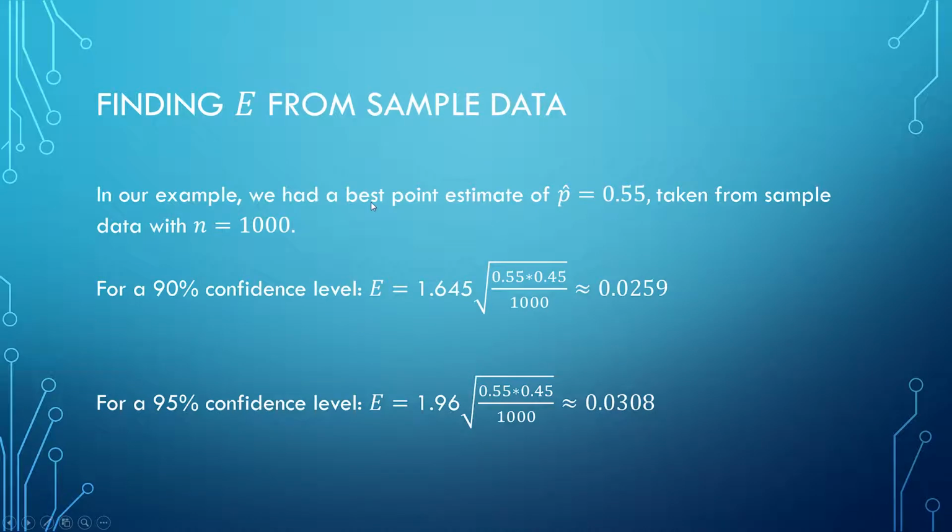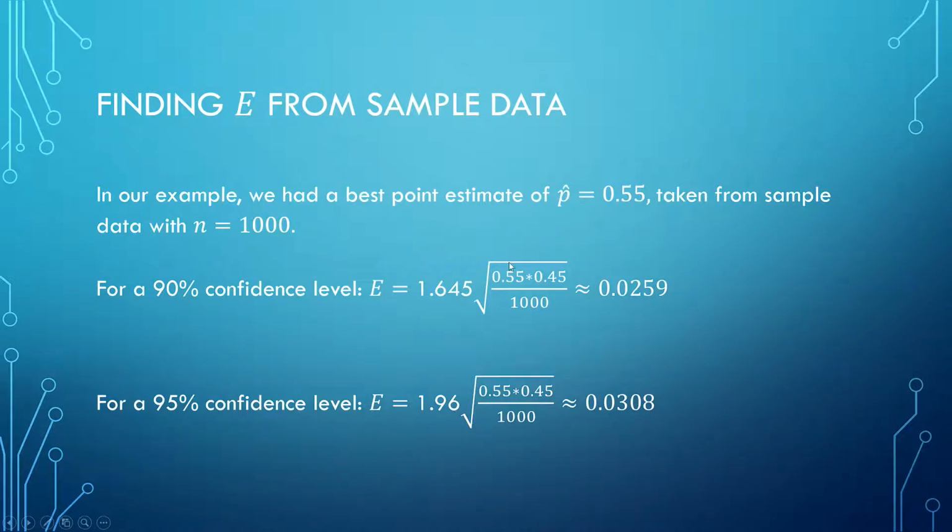So for this example we had with Bobbert Bobbington running for the mayorship of Nashville, we polled 1,000 people and 550 said they would vote for him. So p hat, our best point estimate, was based on our sample. And our p hat value was 0.55 because 55% said they would vote for him.